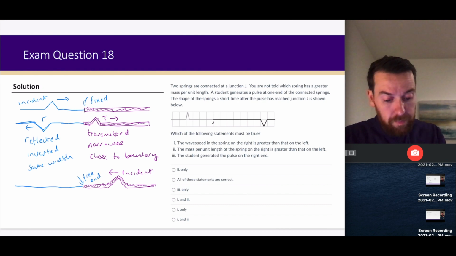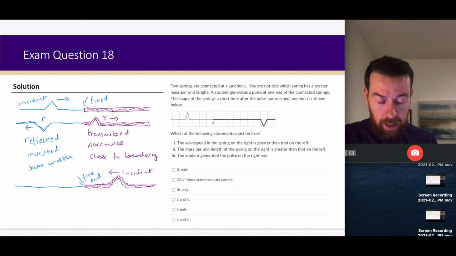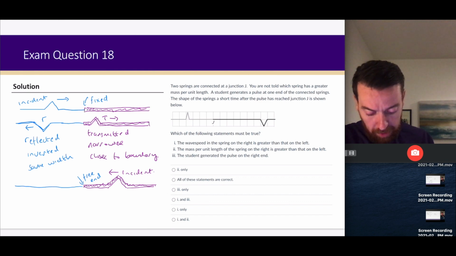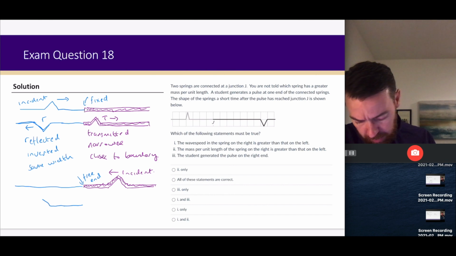What we expect here is that the transmitted should be further from the boundary than the reflected, because it's going into the faster moving material with a higher wave speed. It'll be on the same side, and it should be wider. I'm trying to draw my lines here. So we're looking for a wider pulse, farther from the boundary.